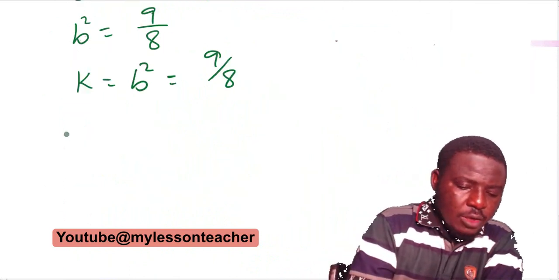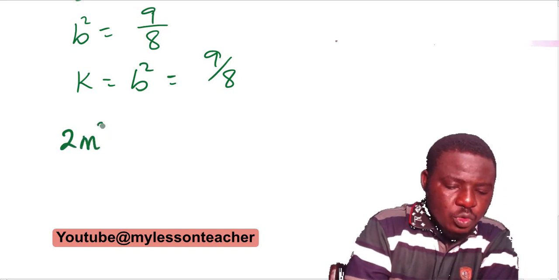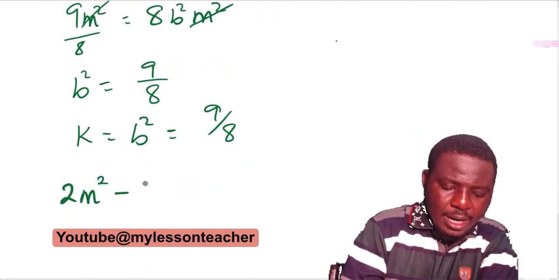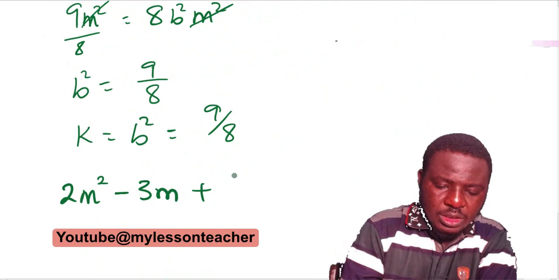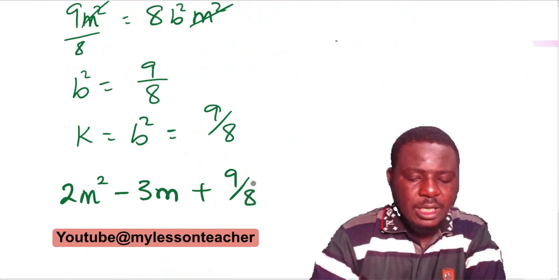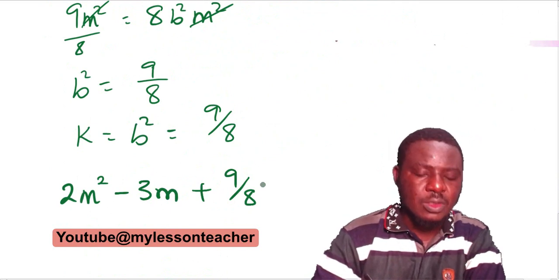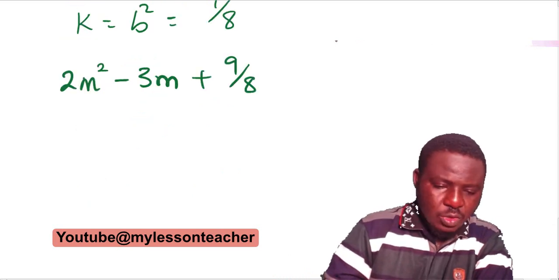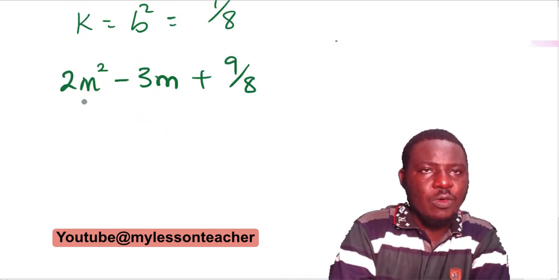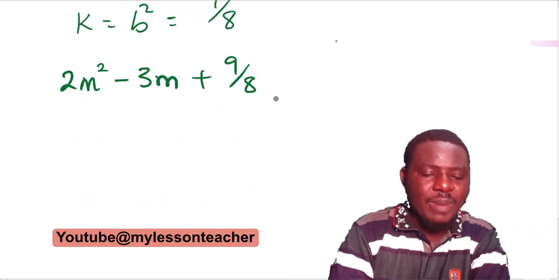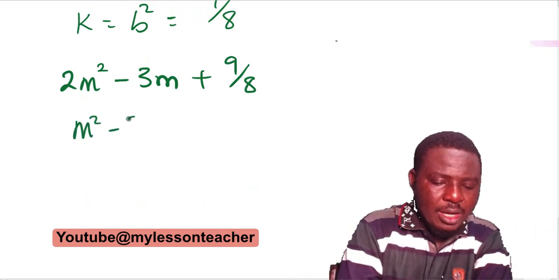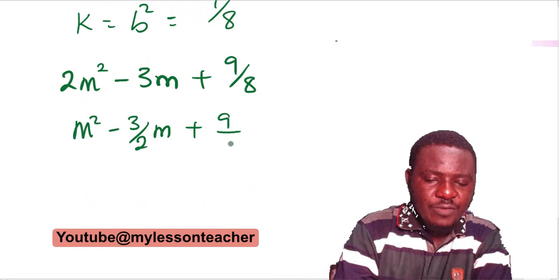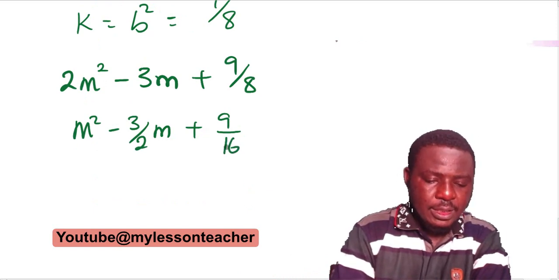So that means that if you have 2m squared minus 3m plus 9 over 8, 9 over 8 is that term that must be added to this to make it a perfect square, such that if we are asked now to factorize it, you can then make the first term a perfect square by dividing all through by 2. This becomes m squared minus 3 over 2m plus 9 over, when you divide this by 2, you have 16.